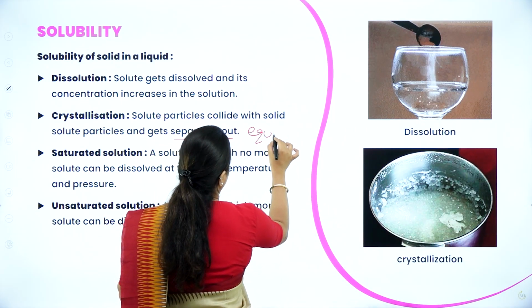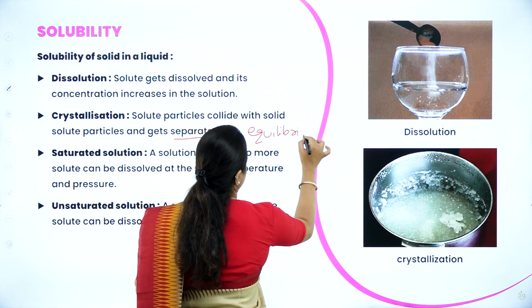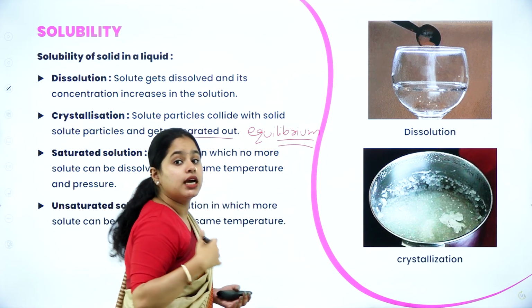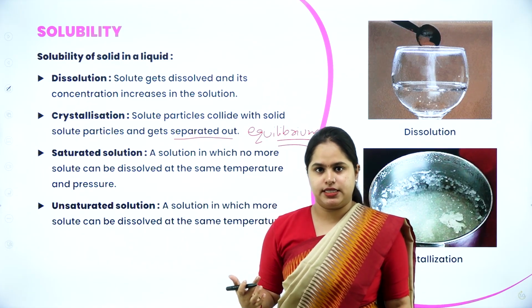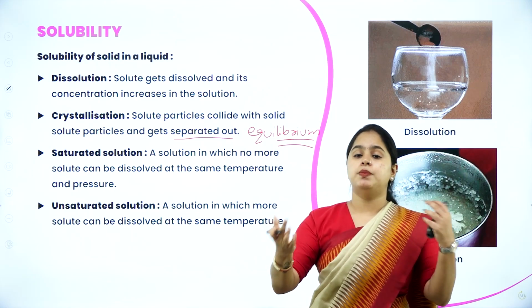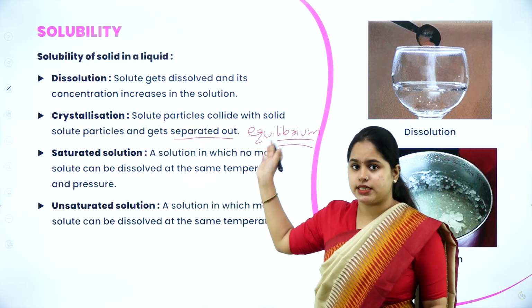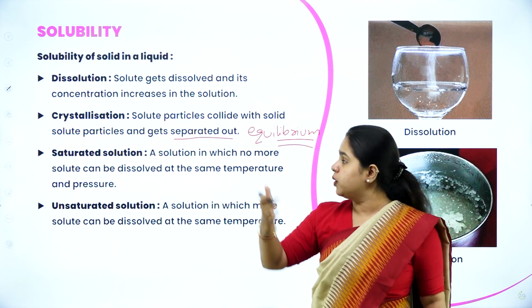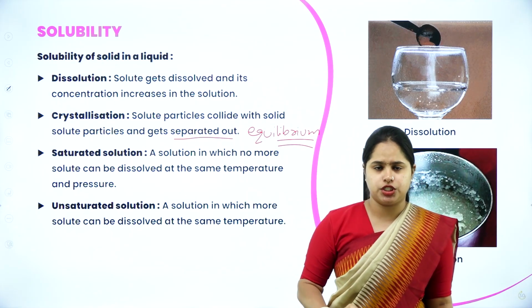It attains equilibrium. It attains dynamic equilibrium, we can say. That is, dissolution and crystallization happen with equal rate, and it attains equilibrium. So I hope dissolution and crystallization is clear for you.